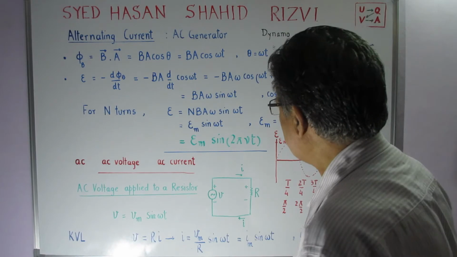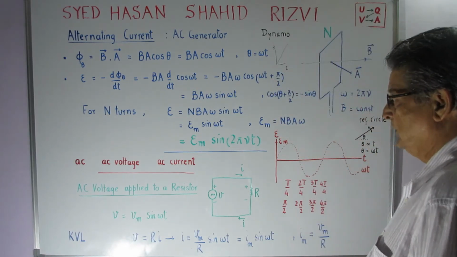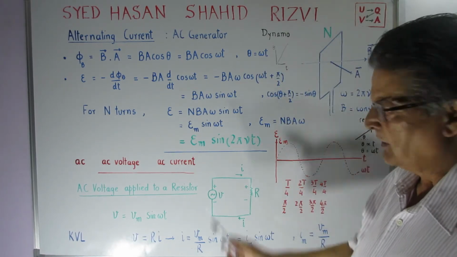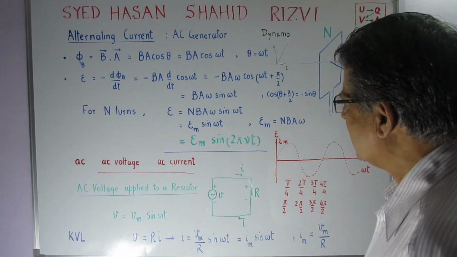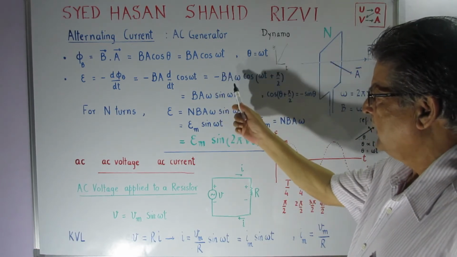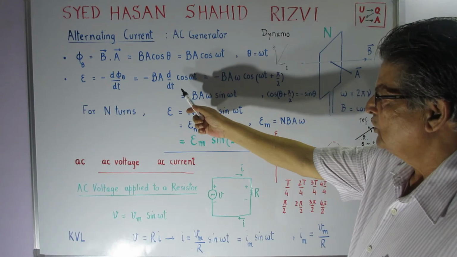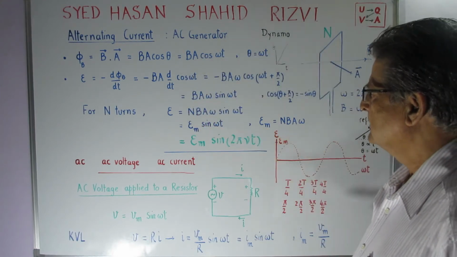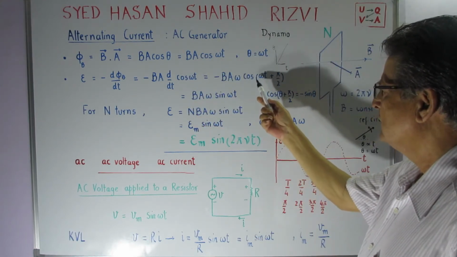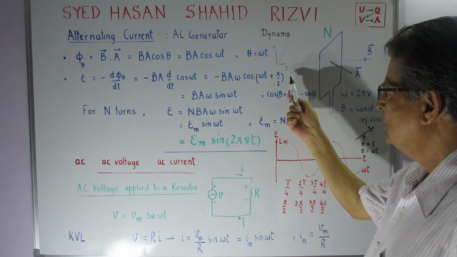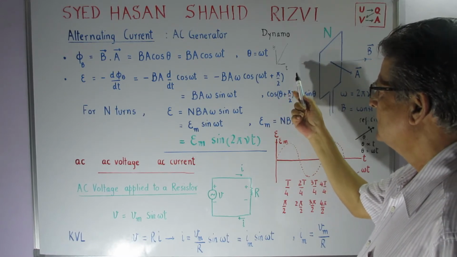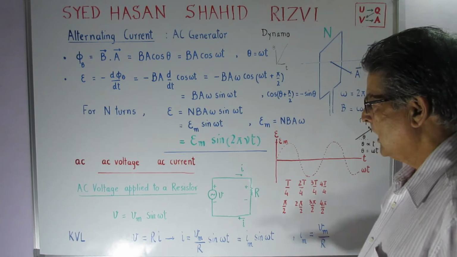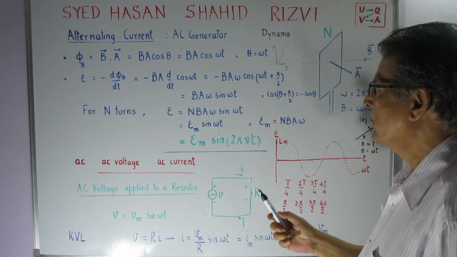And by the process that I told you, which I will stick to because you have become quite versed in that, this is equal to BA into d by dt of cos omega t, which will turn out to be cos of omega t plus pi by 2 into d by dt of omega t, which turns out to be equal to omega.